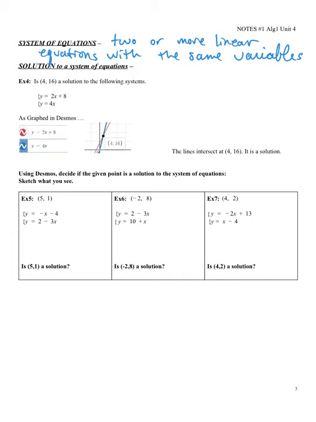And the solution is any ordered pair that is a solution to both equations.